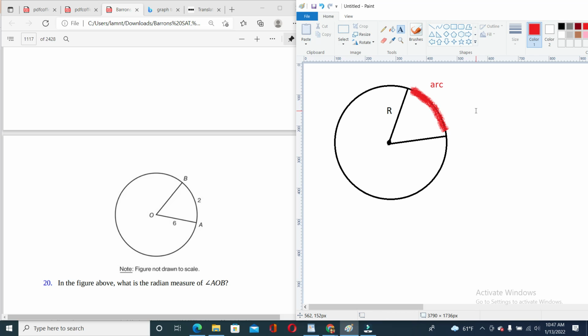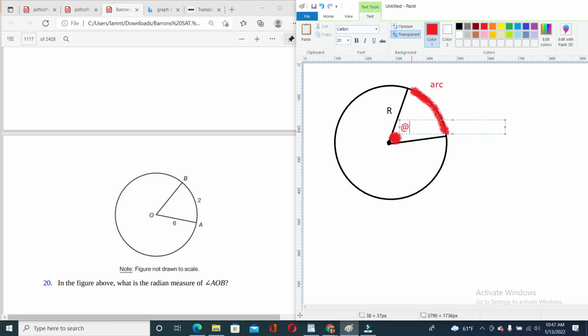Okay, so what is a radian? You can see that this whole arc here is corresponding to an angle, right? We're gonna denote the angle alpha like that. So in this exercise we're gonna define what a radian is.